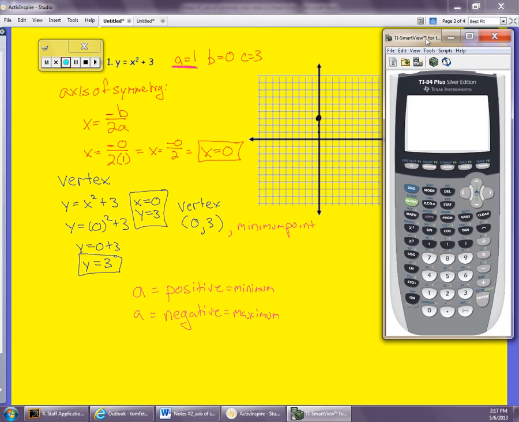Now the way that we can do this is we can take our graphing calculator and plug in our value. We can go to y equals and type in this equation, which is x squared plus 3. Now we can look at our graph, and then we can look at our table so that we can get our values to graph this.